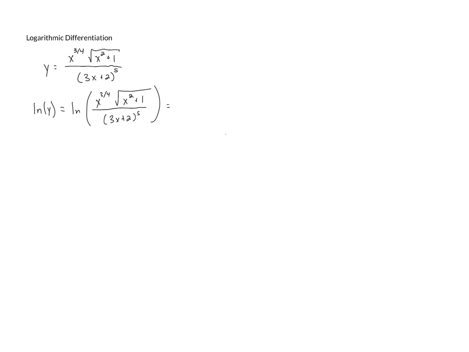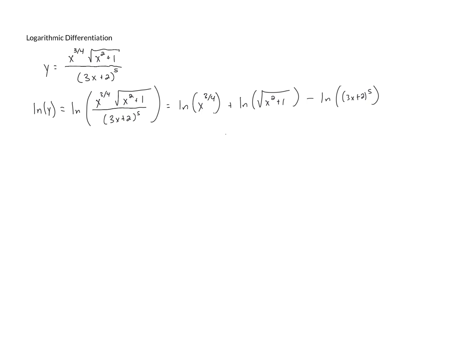So we could write this as ln of x to the 3/4 plus ln of the square root of x squared plus 1 minus, because it's in the denominator, ln of 3x plus 2 raised to the 5th power. But we can do even more, because remember, when we have the log of something raised to a power, we can pull that power out front as a coefficient.